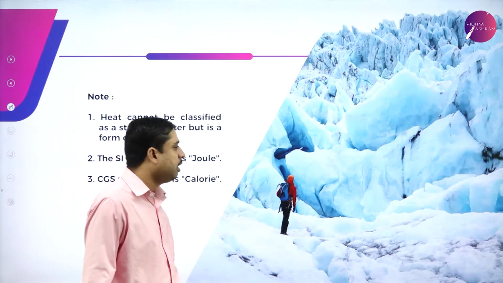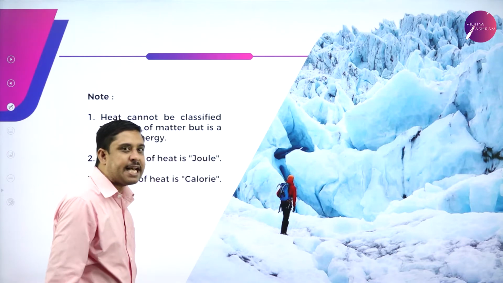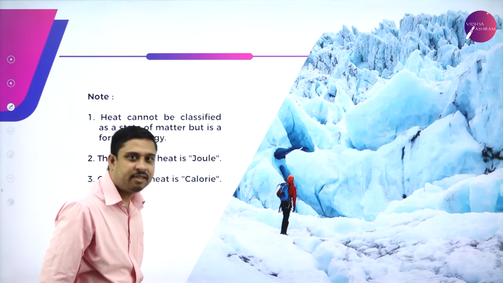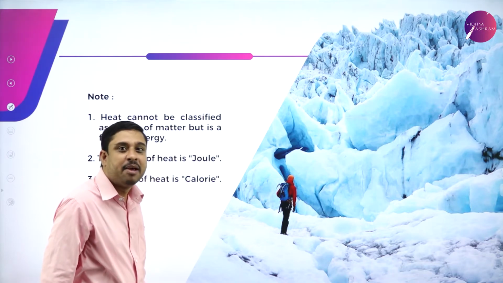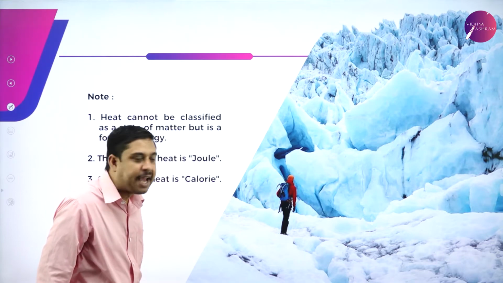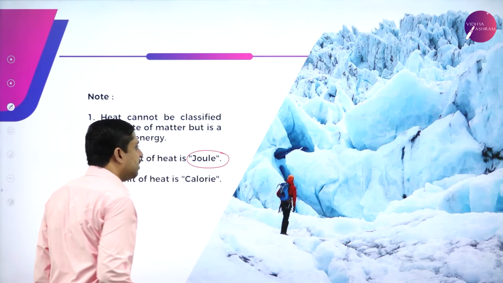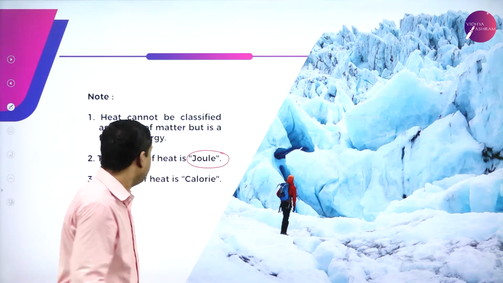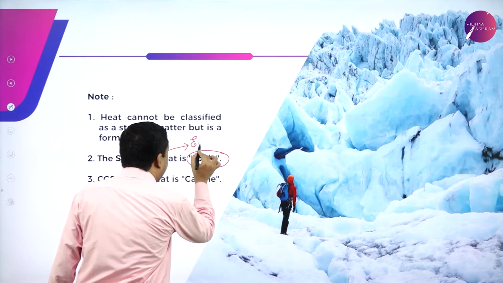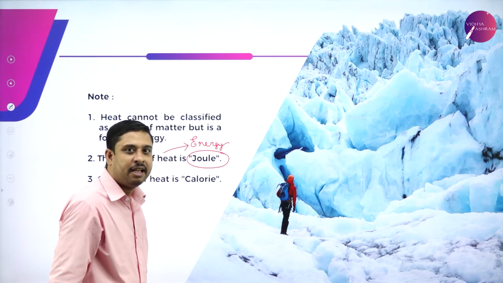Now, as I told, heat cannot be classified as any state of matter. It is simply a form of energy. The SI unit of heat is joule, because we have classified heat as a form of energy.